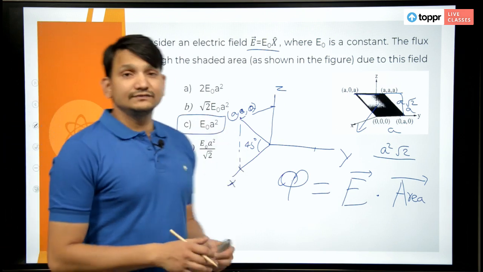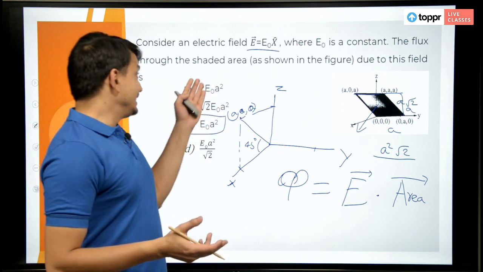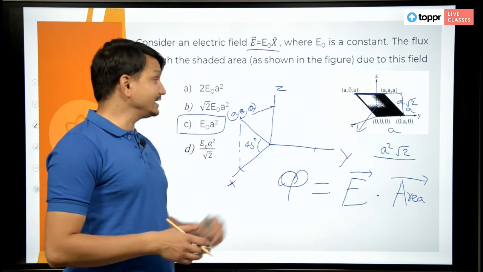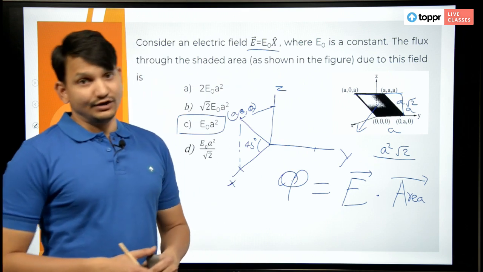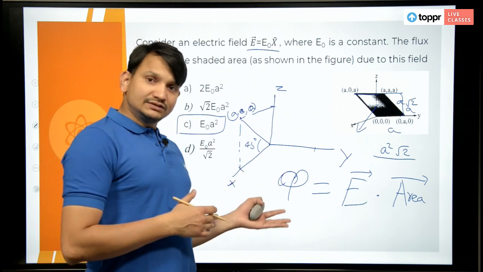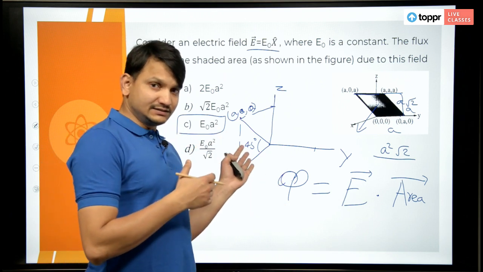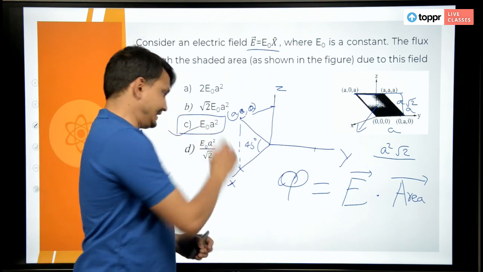The area of this square is a squared and the electric field is E naught in magnitude. So multiply both, E naught times a squared, E naught a squared, that's what we are getting here.